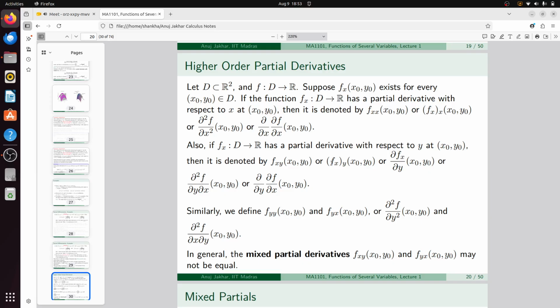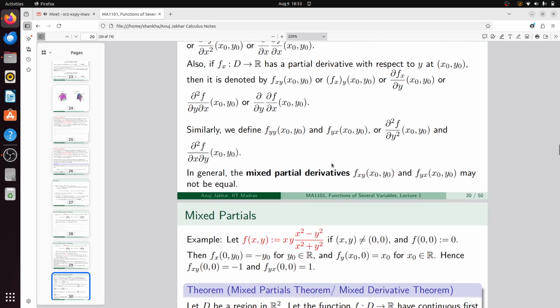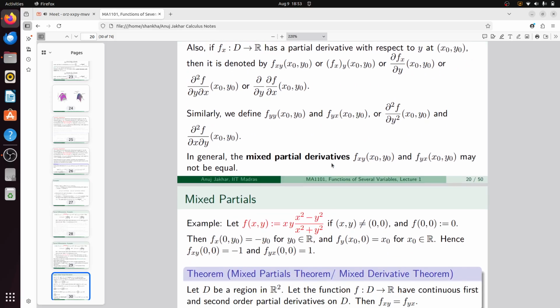They will be equal to each other if they satisfy certain conditions, which are equivalent: one is the Schwarz theorem, the other is Young's theorem. I think it is not in the syllabus, so I will skip the theorem part. So f_xy(0) and f_yx(0) may not be equal. Usually they are not equal.